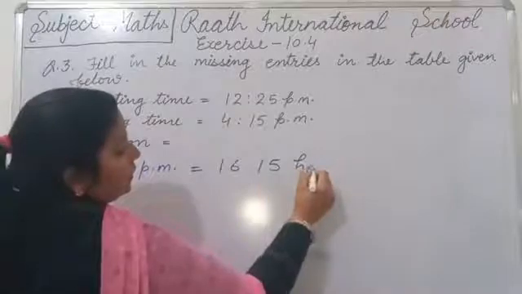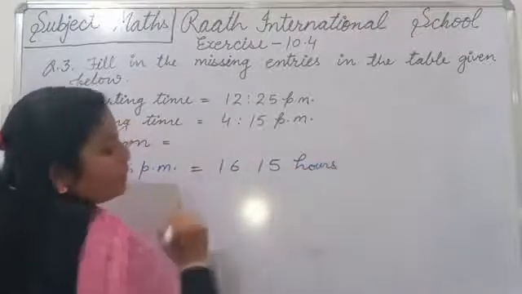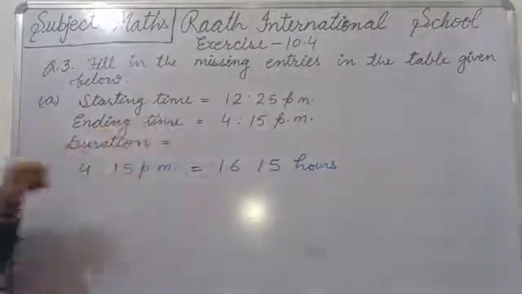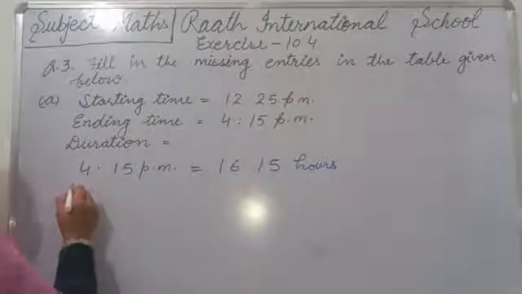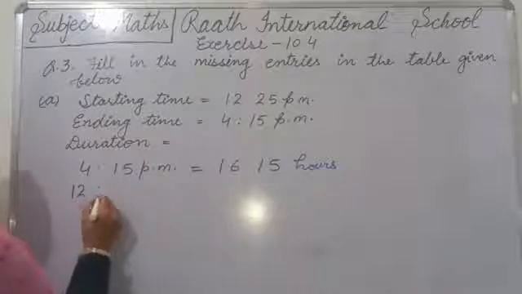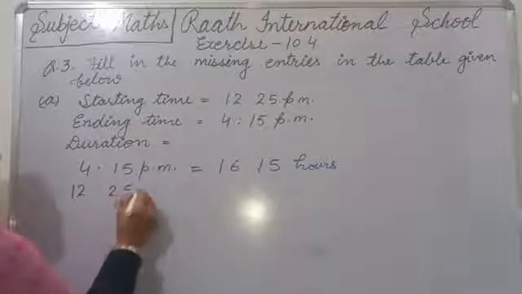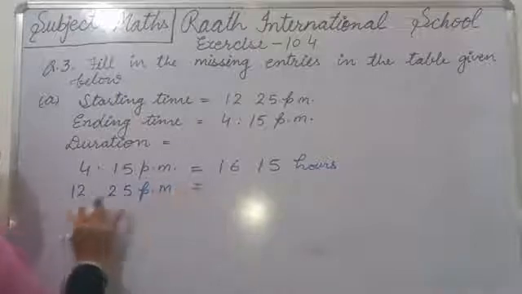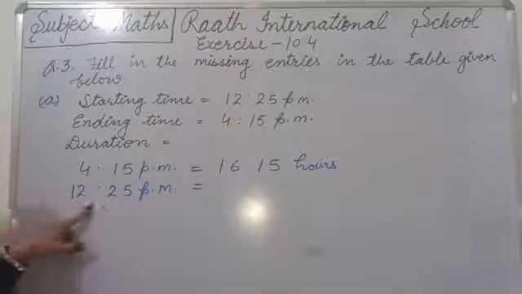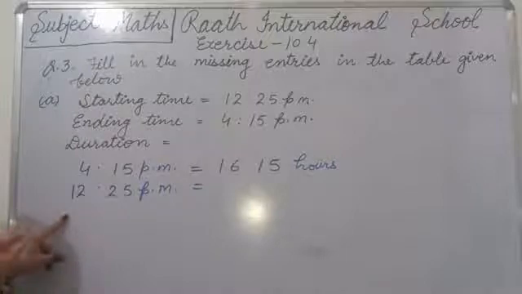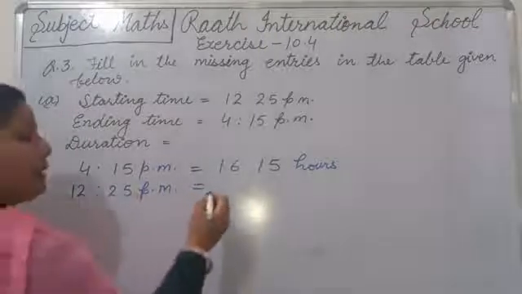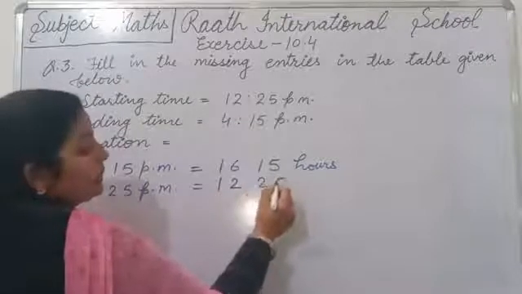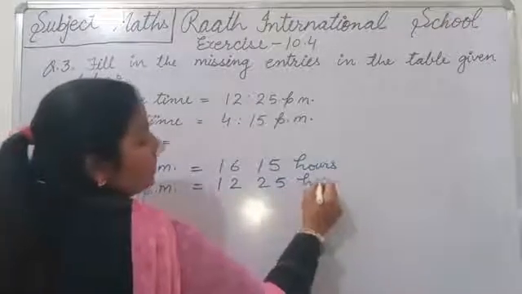We write hours here. Now the starting time is 12:25 PM. 12:25 PM means PM has just started, because PM starts after 12. Only 12 hours of the day have gone, so it remains the same: 12 hours 25 minutes, 12:25 hours.